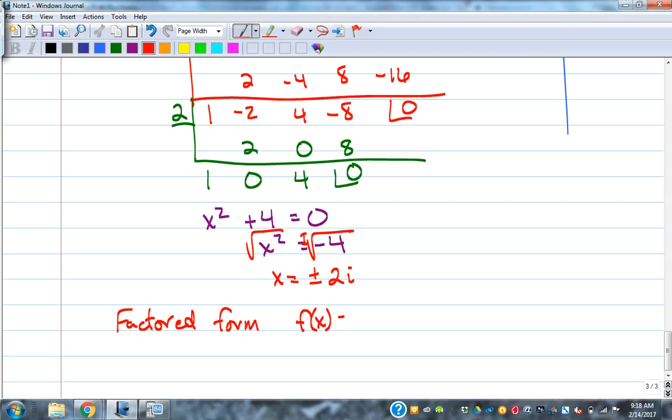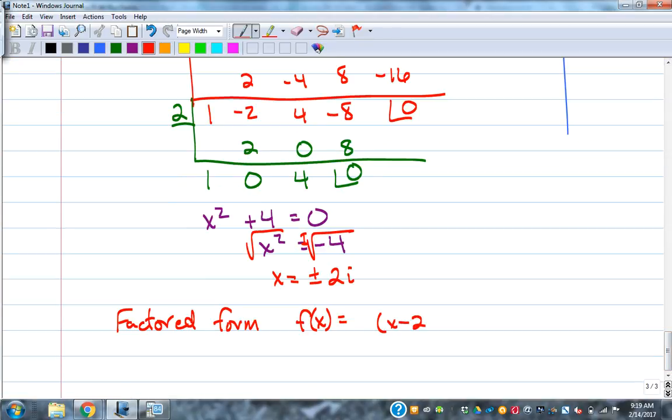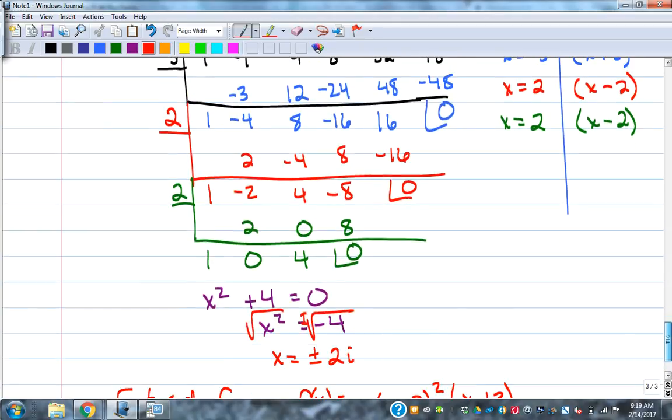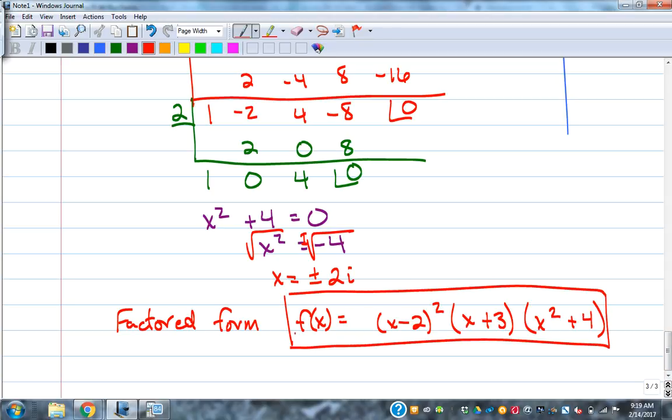So here's our factors. This is where you go back and look at your factors. You got x minus 2 twice. So maybe you do that. And then we have x plus 3 once, right? And then, technically, you have that. There's our factored form.